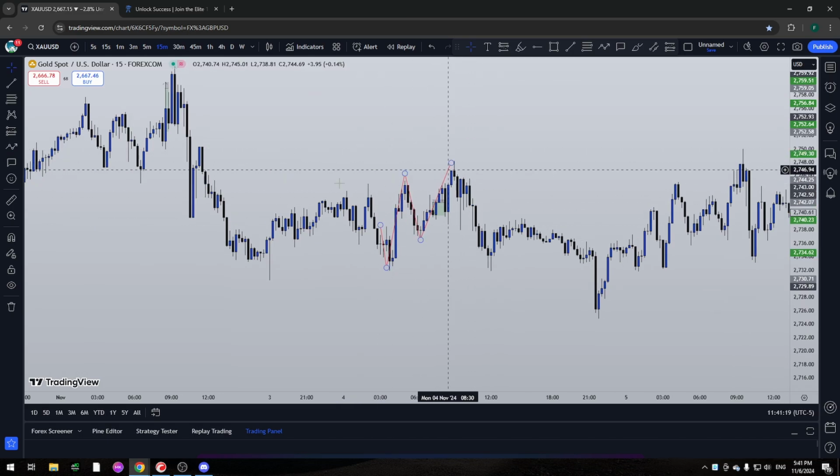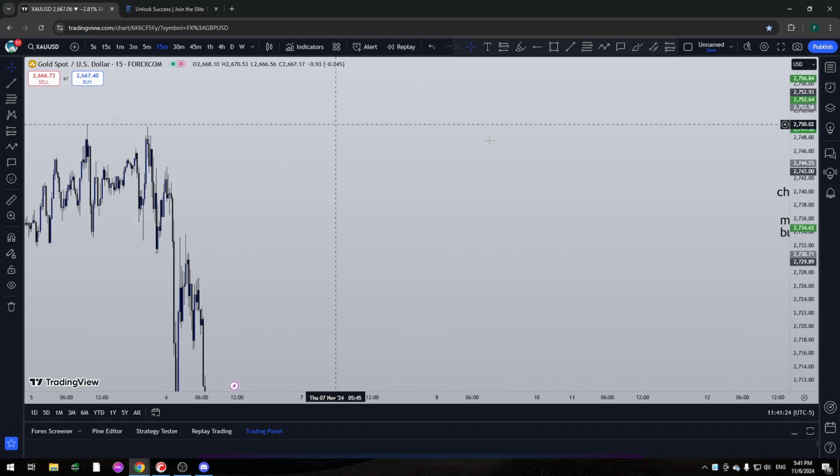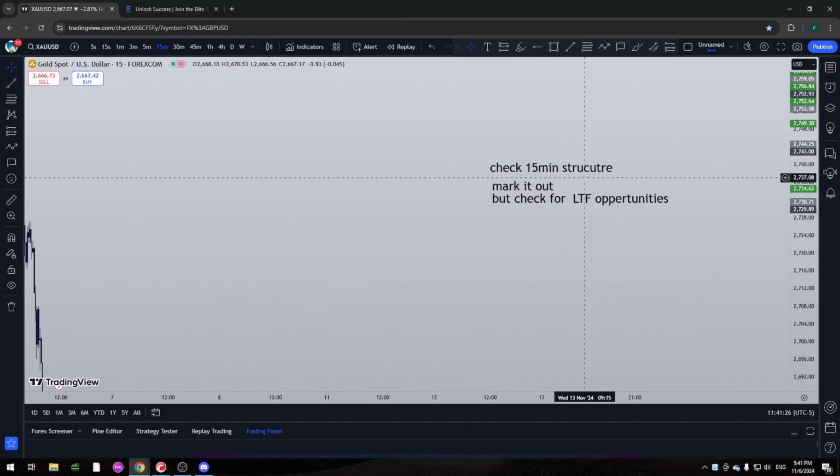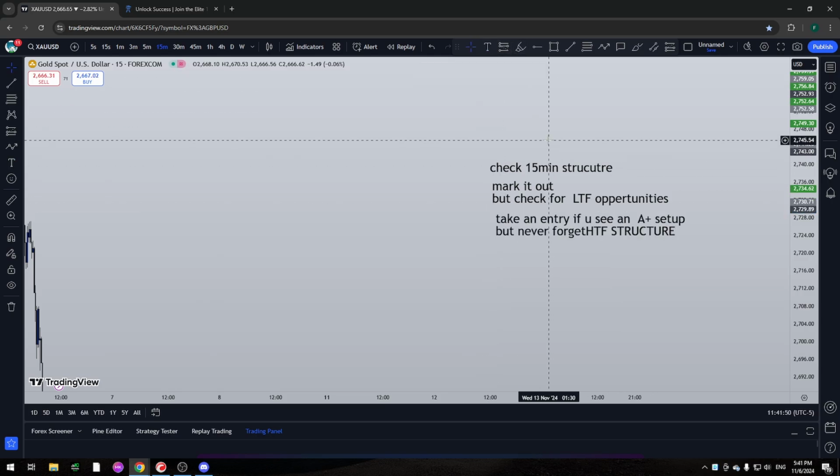That's an easy buy. You know, it happens the whole time. So check the market for 15 minute structure, mark it out, check lower time frame opportunities. Well, I hope that's clear for you guys. Like I said, it's really easy, but in the long run of this video series, it's going to be way more clear what I mean.